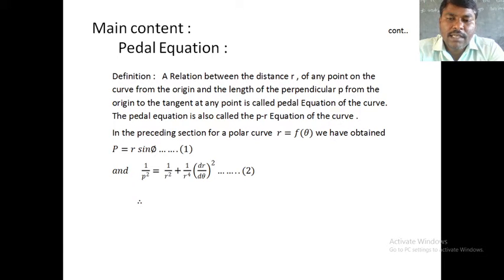In the preceding section, for a polar curve r is equal to f of theta, we get p is equal to r sin phi, call this equation number 1, and 1 by p square is equal to 1 by r square plus 1 by r raised to 4 into dr by d theta whole square, call this equation number 2.